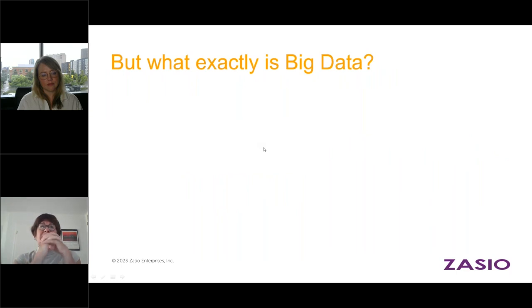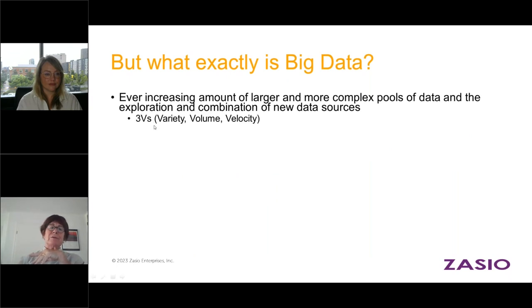But what exactly is big data, apart from this common understanding that makes us a little bit uncomfortable? There are three important components that constitute big data.